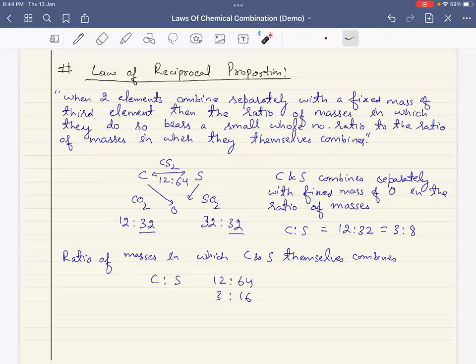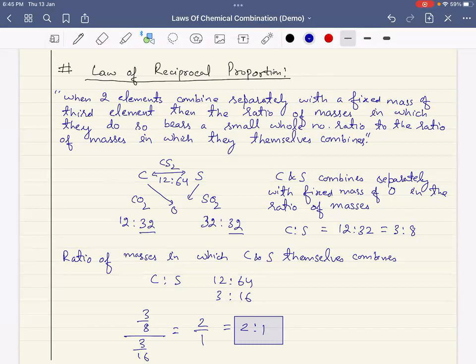So the ratio of carbon and sulfur is 3:16, and carbon and sulfur combine separately with a fixed mass of oxygen in the ratio of masses 3:8. Now if I calculate the ratio, that is 3/8 divided by 3/16, it will come out to be 2 divided by 1, that is 2:1. So this is a simple small whole number ratio. This is what the law of reciprocal proportion says.